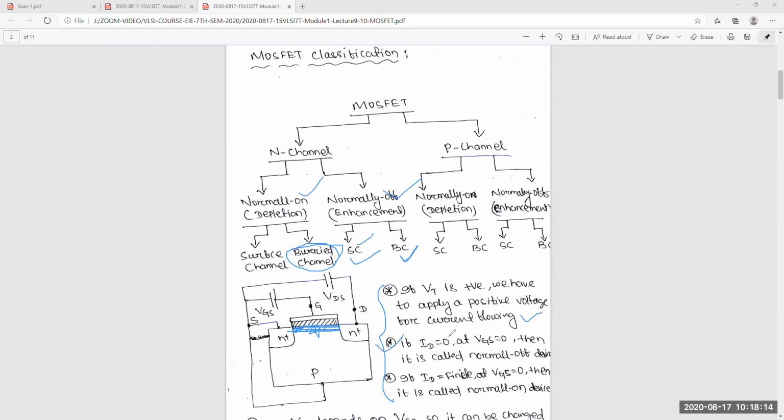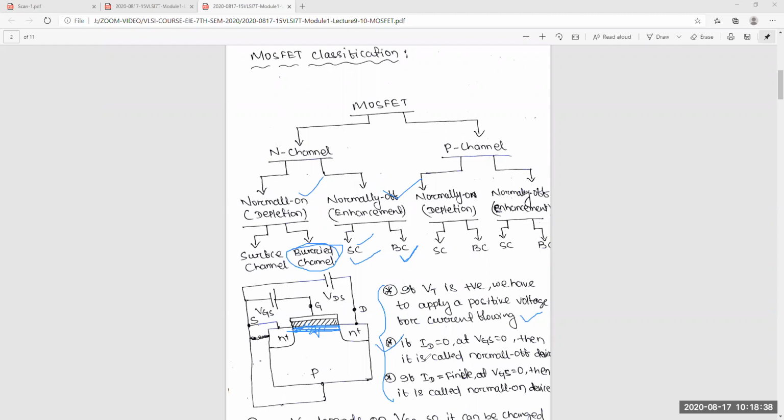I am talking about the N channel only, so forget about the P channel MOSFET. It's your assignment to do the same thing for the P channel, then you will understand better.